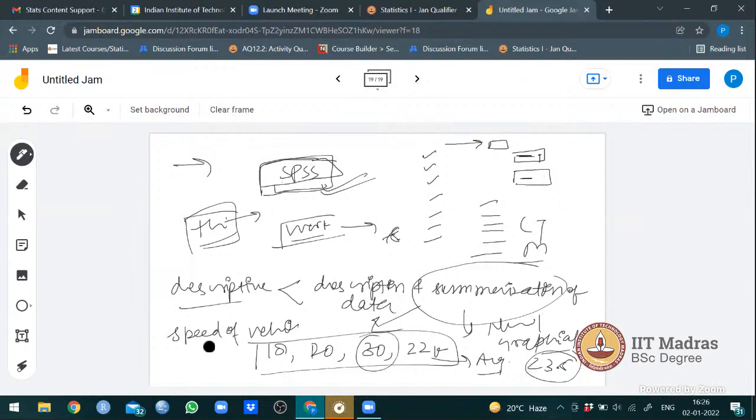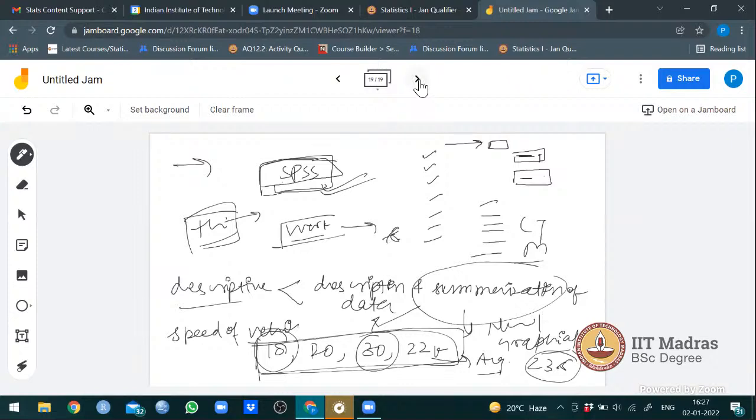So you are summarizing and describing the data, concluding some numerical properties. When I say average, you are saying something on average about the whole data. Got it or not? Yes, sir, got it.